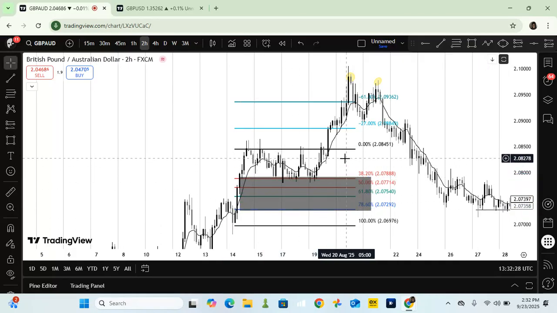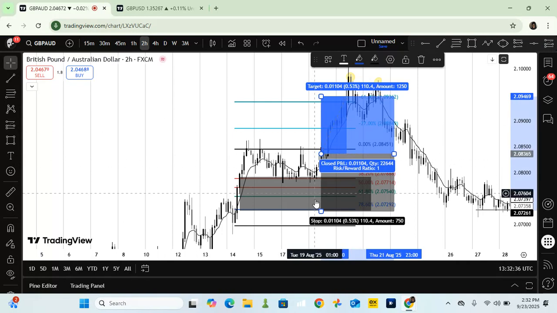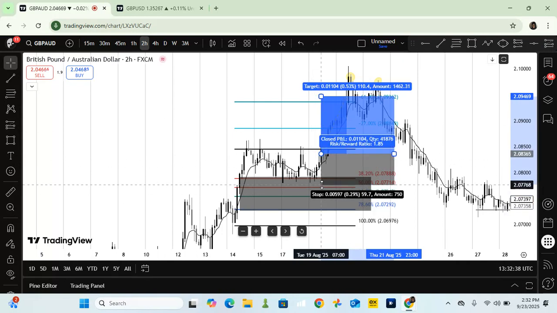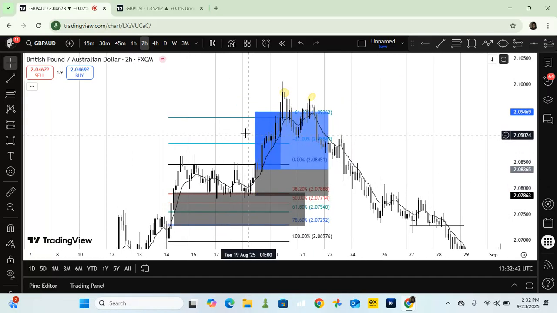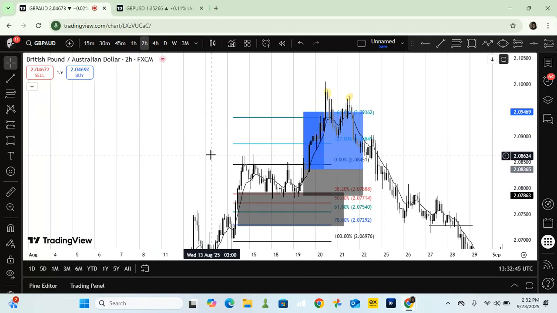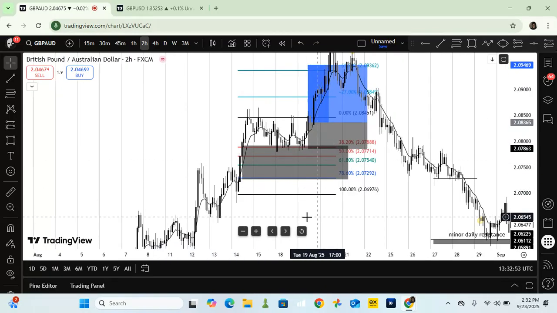It retraces off this place and heads all the way up to the 61.8. Enter, stop loss. Good 1 to 2 ratio, man. If you were risking $500 there, you would have made $1,000. So $1,000 is money, so that's dope.